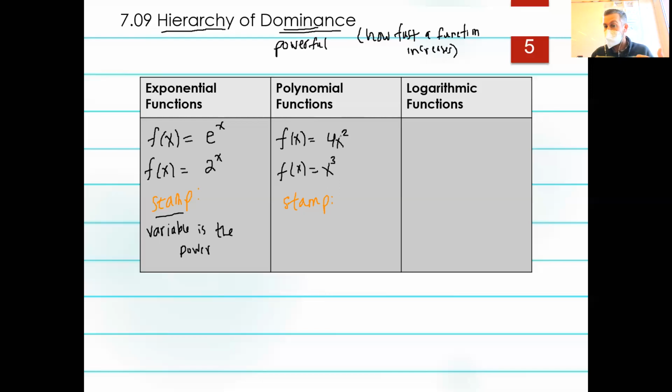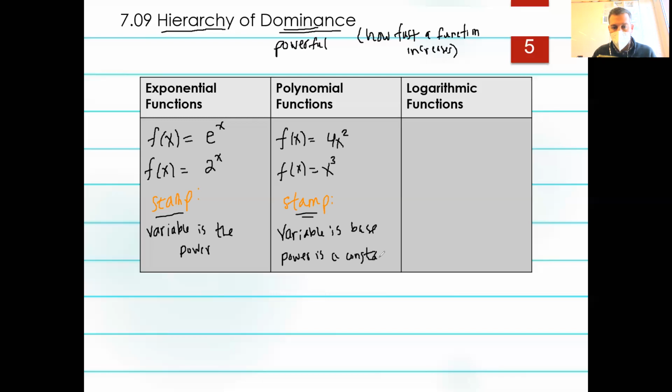These might be quadratics or cubics, right? They increase a little bit differently. And when we notice these polynomial functions, we see that the variable is the base, or that the power is constant.